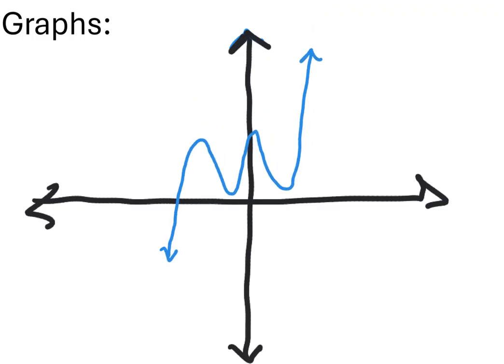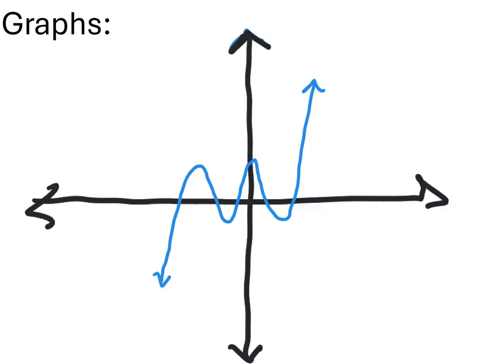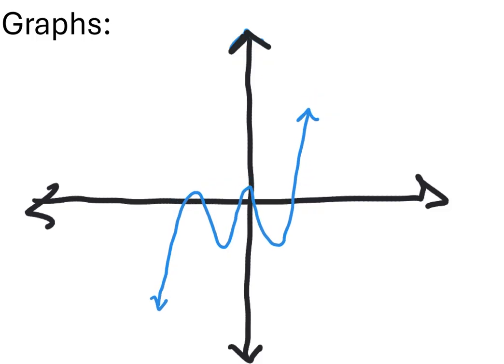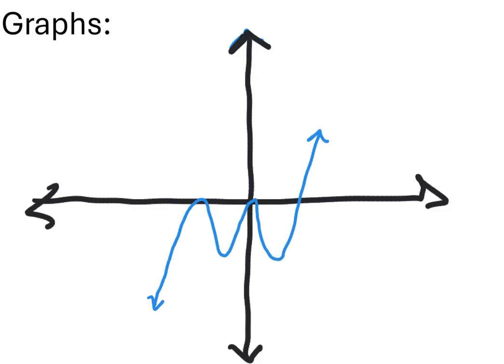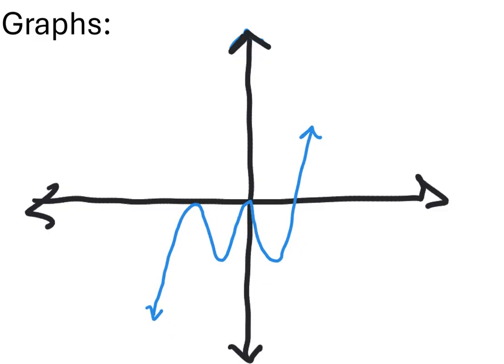If we bring it down, we can have 3 x-intercepts. If we bring it down further, we can have 5 x-intercepts. And as we continue to move it down, we can have, again, 3 or 1. Now, we do have something to add here. We do have a possibility for 5 x-intercepts.